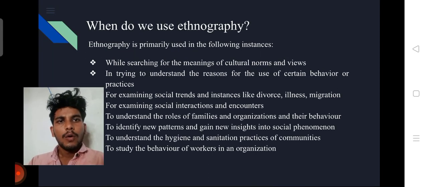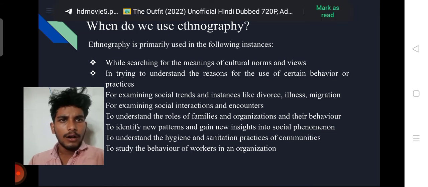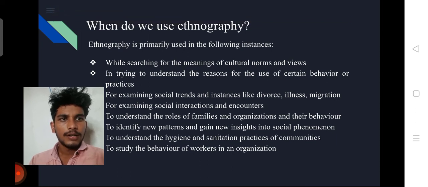Next, when do we use ethnography? Ethnography is primarily used in various instances. Let us discuss the instances where it is used mostly. It is used in searching for the meanings of cultural norms and views, and it helps in trying to understand the reasons for certain behavior or practices of a group.